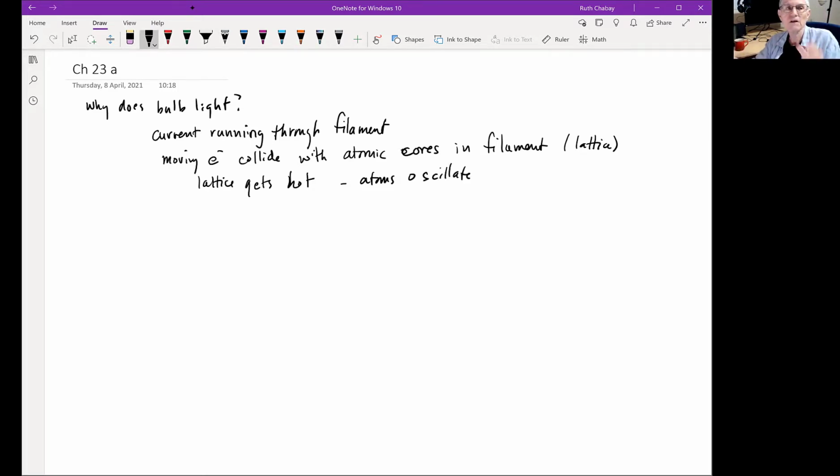And these little quantum oscillators can give off energy. So they give off energy as light, as photons.